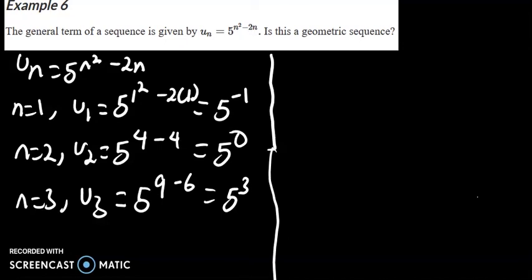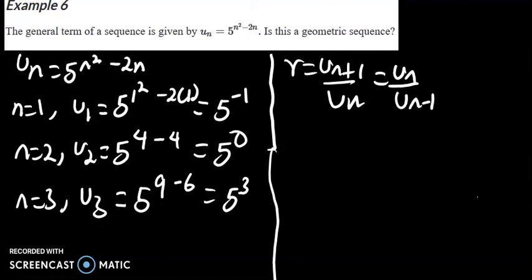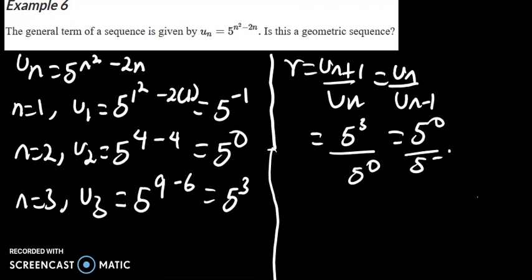So let's find out using r is equal to un plus 1 divided by un is equal to un divided by un minus 1. So for un plus 1 we have 5 to the power 3, for un we have 5 to the power 0, that's 1. And for the other ratio we have 5 to the power 0 divided by 5 to the power minus 1.